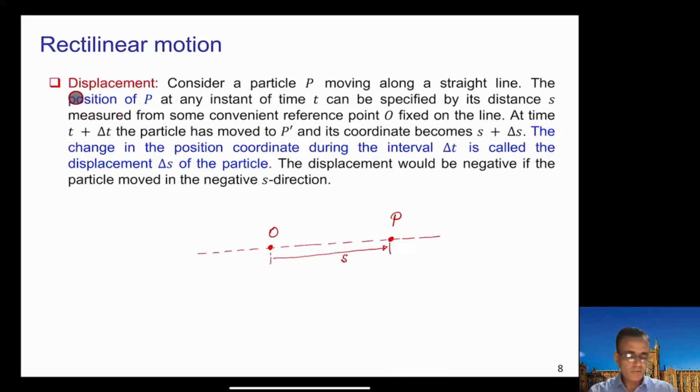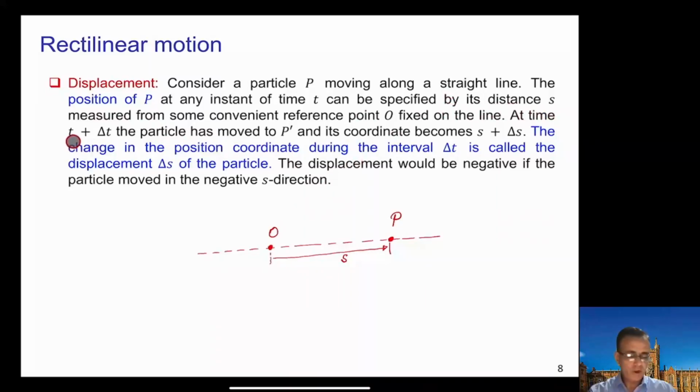If you read this statement, consider a particle P moving along a straight line, which is this particle, moving along this line here. Now the position of P at any instant of time t can be specified by its distance S measured from some convenient reference point O, fixed on the line.